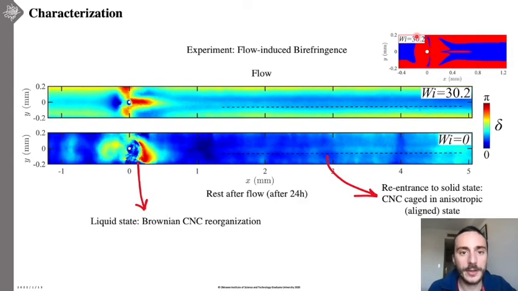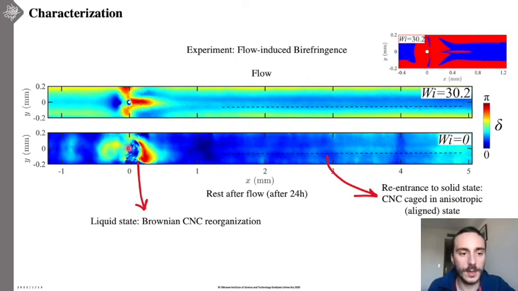So at first these results appear to be slightly contradictory with each other, and what we do in this experiment is to visualize a larger portion of the channel, and we see that the birefringent wake is also present far downstream of the cylinder, highlighted over here. In this experiment we flow the material, then stop the flow and measure the birefringence at rest.